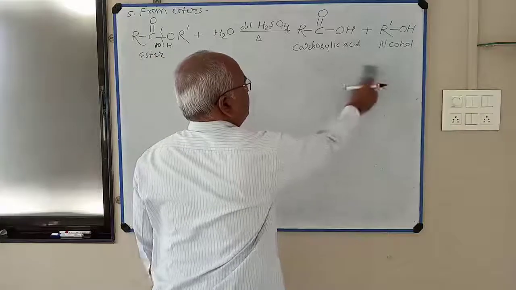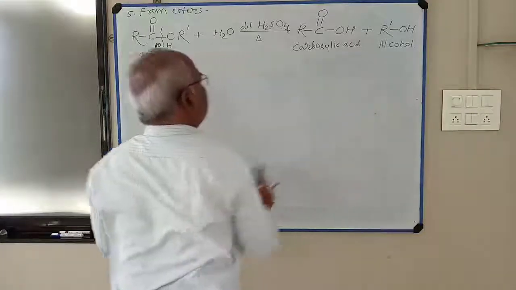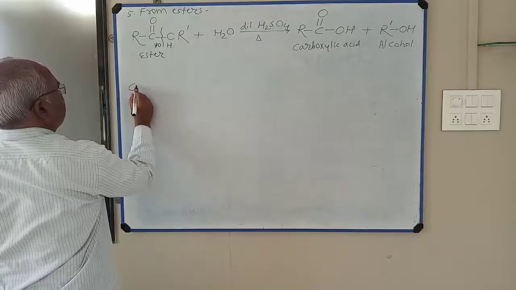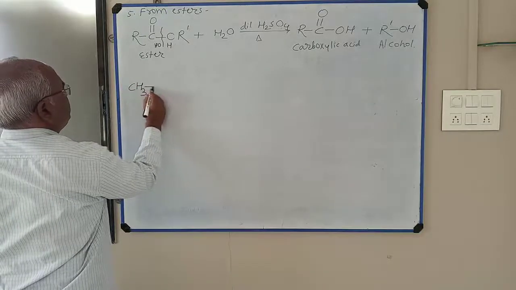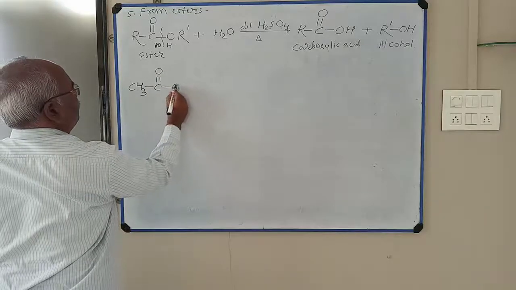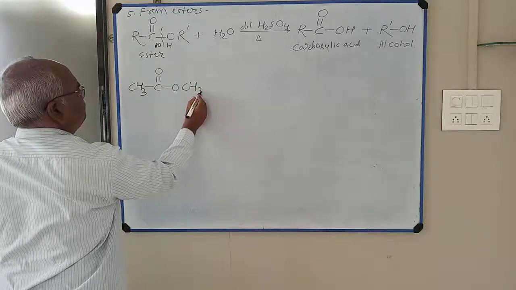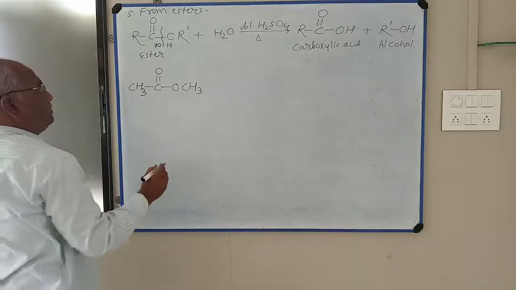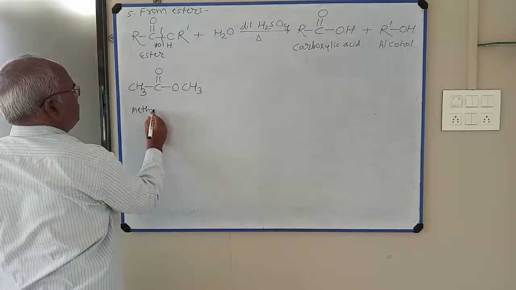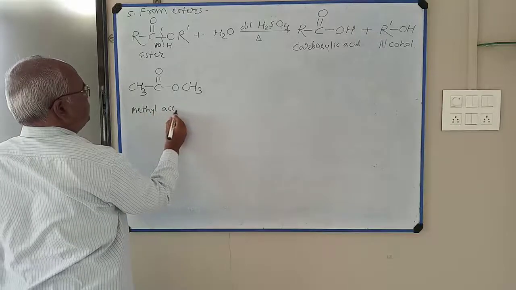I take a specific example. I write here CH3, single bond C, double bond O, O, CH3. This is methyl acetate.